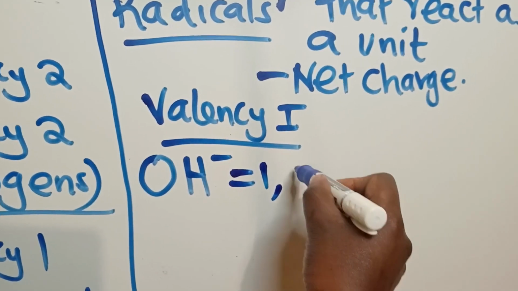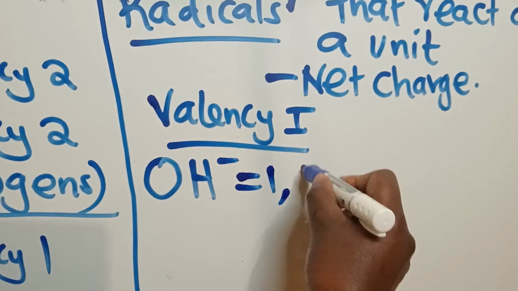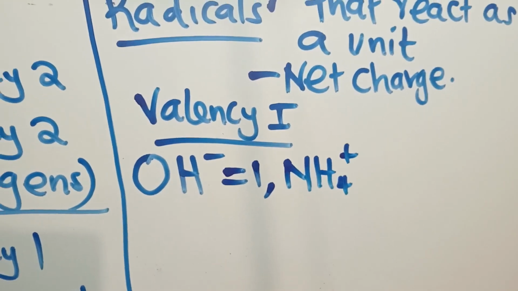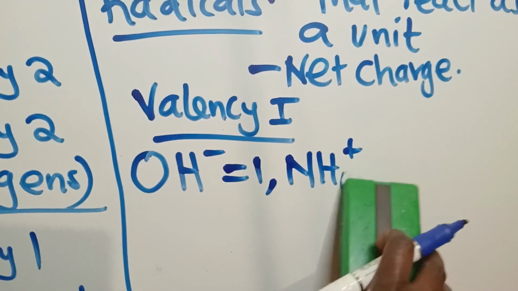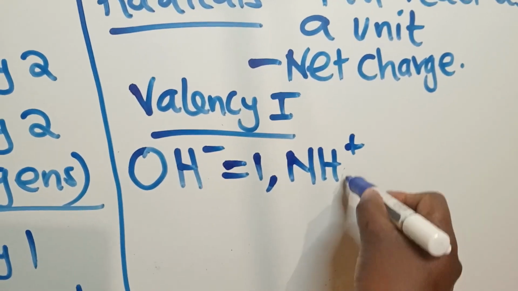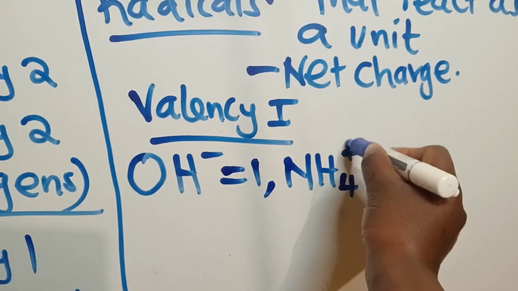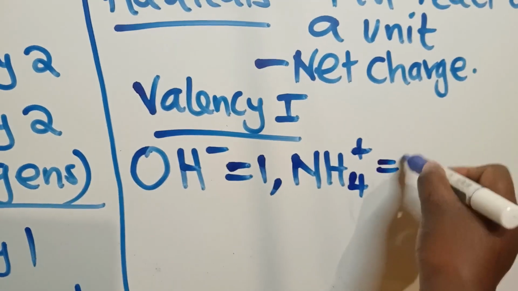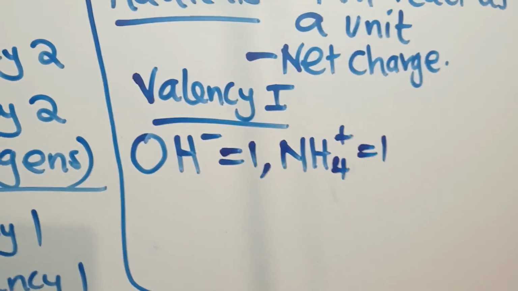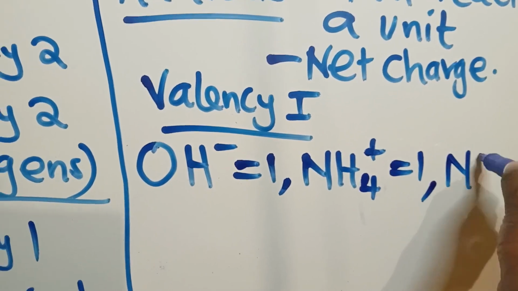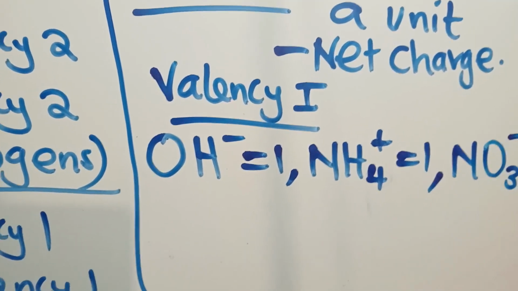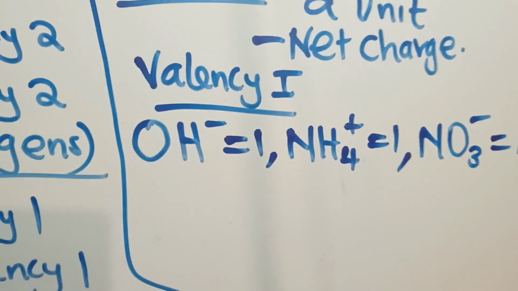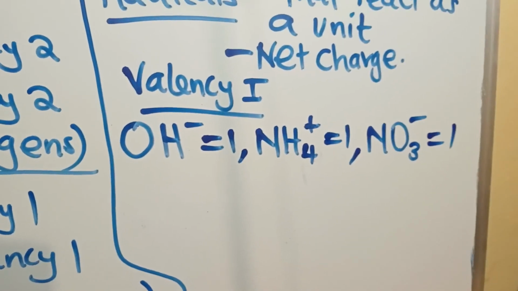We have another one that also has a valency of 1, the ammonium ion. It has a 4 down here. Let me write it clearly. This is a 4. Again, on top here, it just has 1 positive charge, so the valency is 1 also. We also have another one, very commonly used, the nitrate ion. So it has a valency of 1 as well.